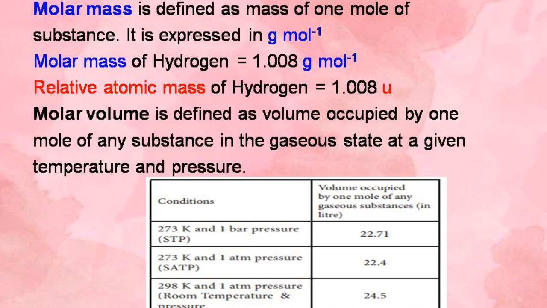At 273 Kelvin and 1 bar pressure, that is standard temperature and pressure, the molar volume is 22.71 liters. In the same way, at 273 Kelvin and 1 atmosphere pressure, standard ambient temperature and pressure, the molar volume is 22.4 liters. At 298 Kelvin and 1 atmosphere pressure, that is room temperature and pressure, the molar volume is 24.5 liters.